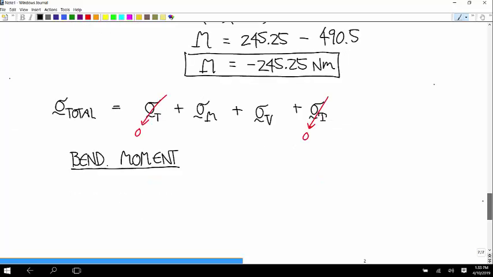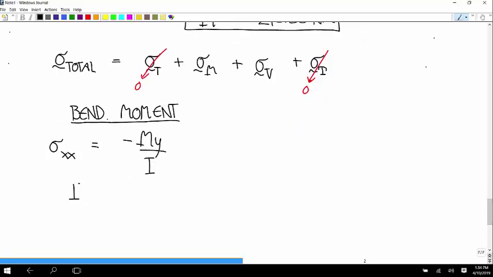Okay, so for bending moment, we know sigma xx is equal to negative M y over I. We have to calculate that I. It's a rectangle.